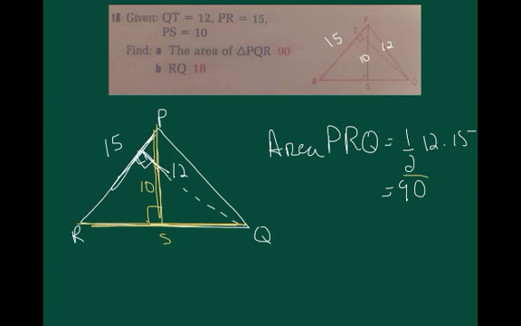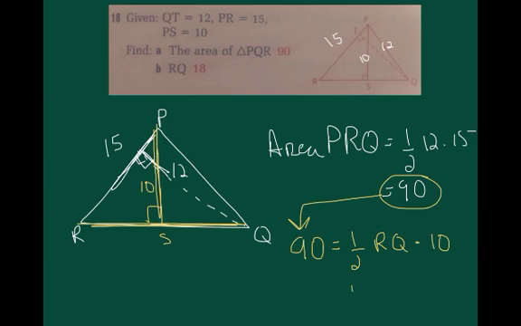I will import my answer from part A and set up another area equation. This time I know the area, so that's 90, and that equals 1/2 the base, which I don't know, that's RQ, times the height, which they tell me in the givens is 10. So when I work all this out, I get that RQ equals 18.